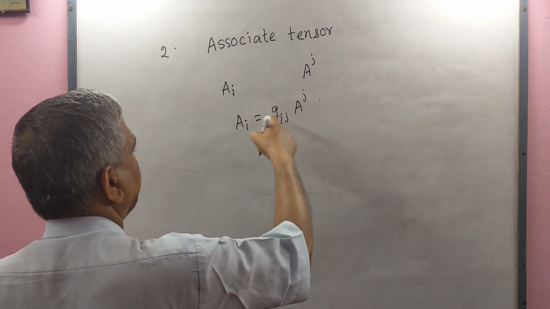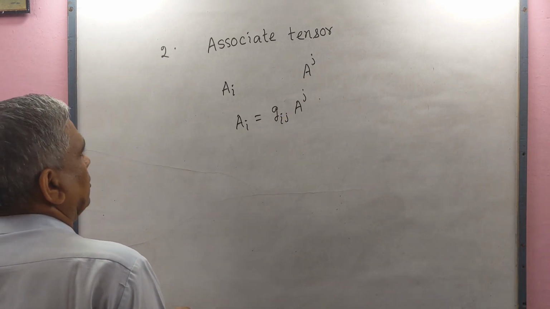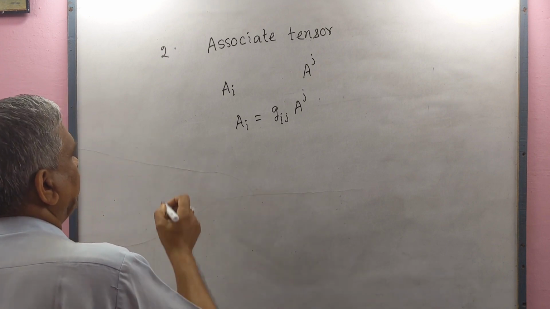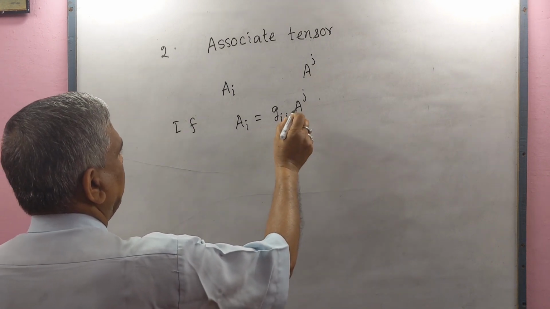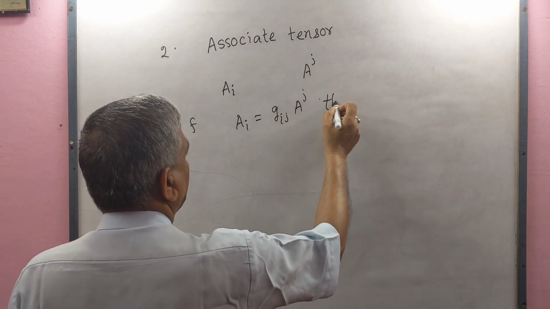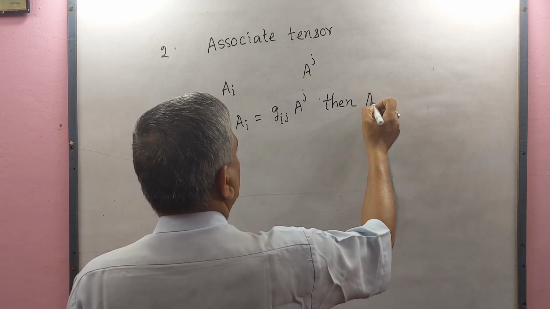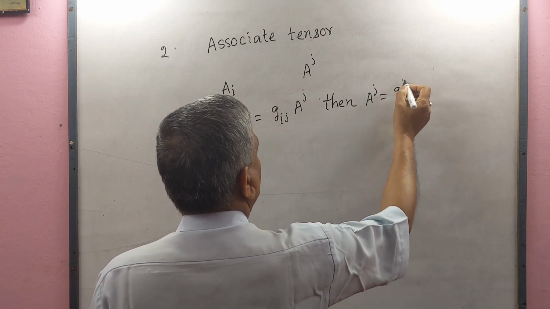This is the covariant, this is contravariant. Now we shall prove a theorem: if A_i equal to this, then A^j equal to g^ij A_i.